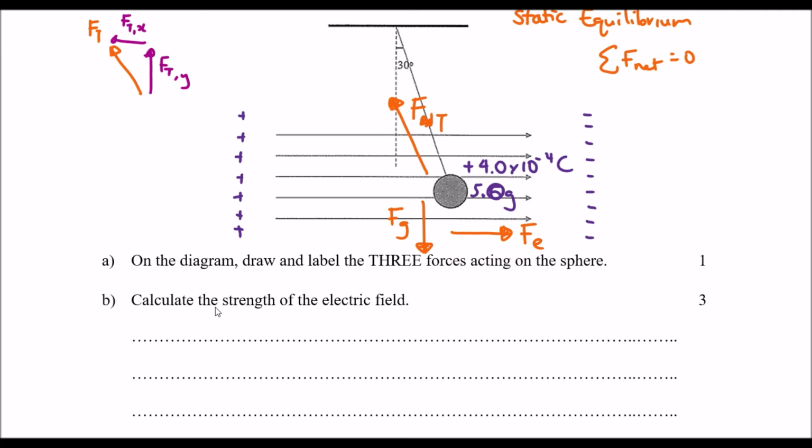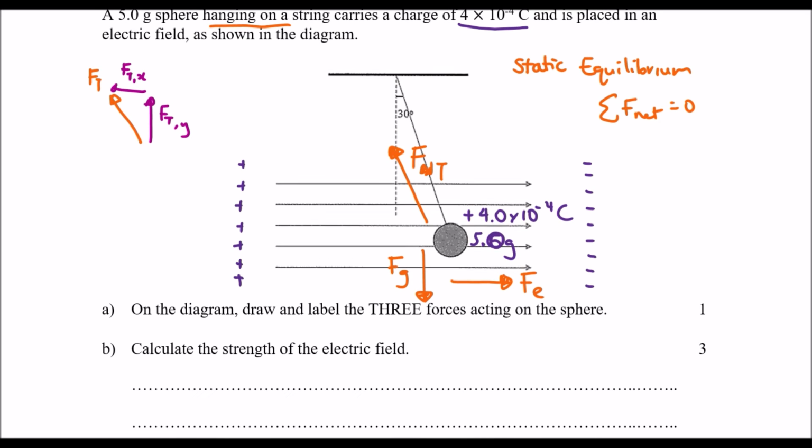It says, calculate the strength of the electric field. This one's a little bit interesting. The electrostatic force is the horizontal component, and we have the gravitational force, so we can draw a triangle.